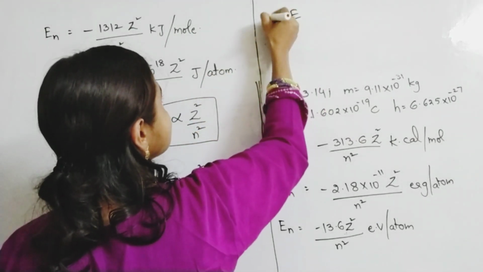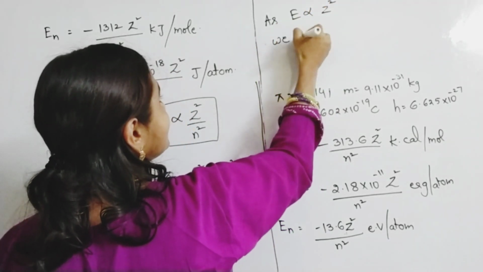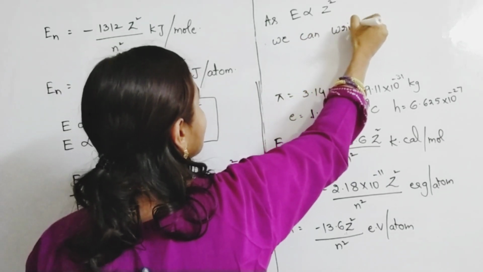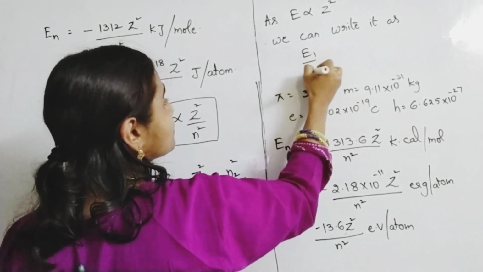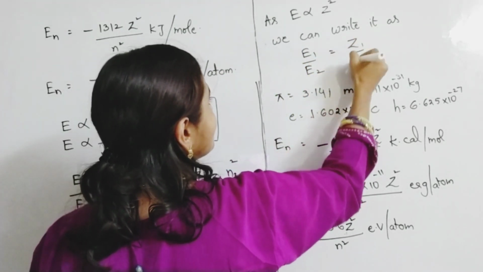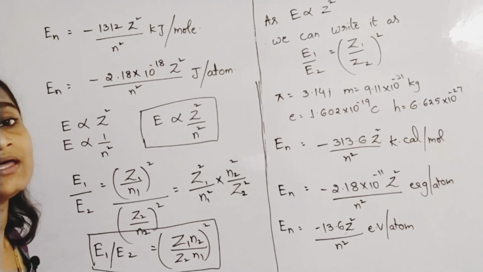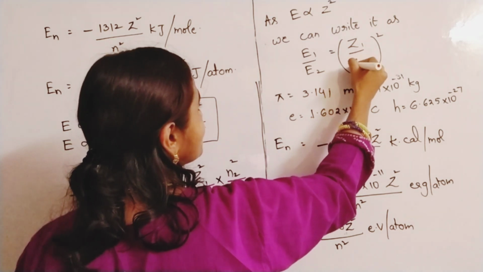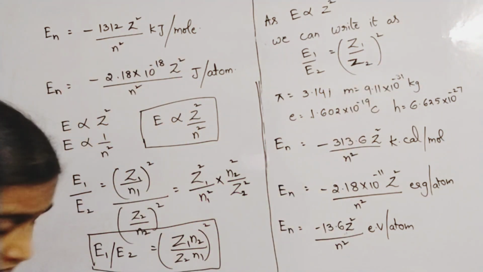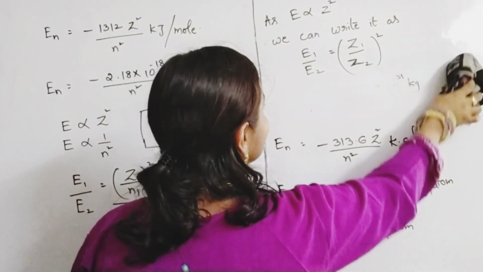As E is directly proportional to Z square, we can write E1 by E2 is equal to Z1 by Z2 whole square, or Z1 square by Z2 square. You can write like that.